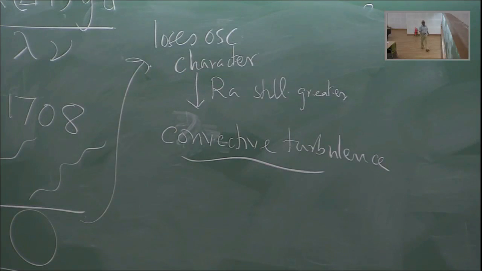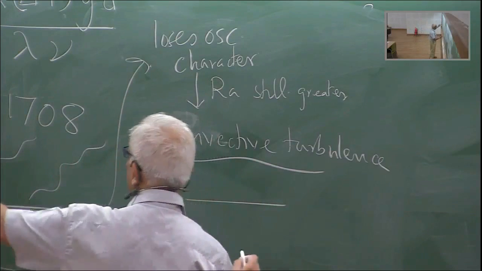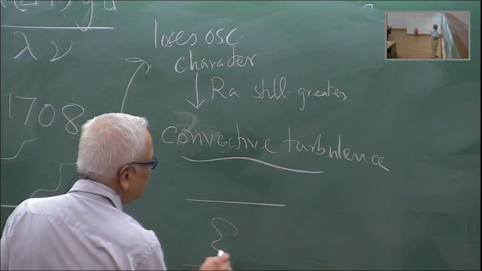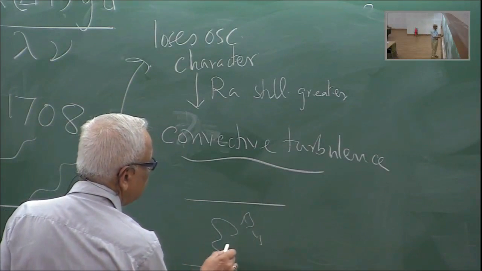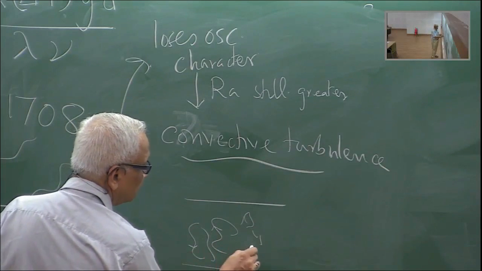If you look at what the fluid is doing, it's no longer going around in nice wavy patterns, but instead you have complicated fluid motion going something or other somewhere.